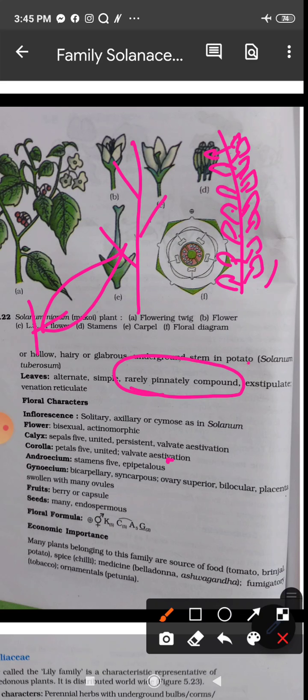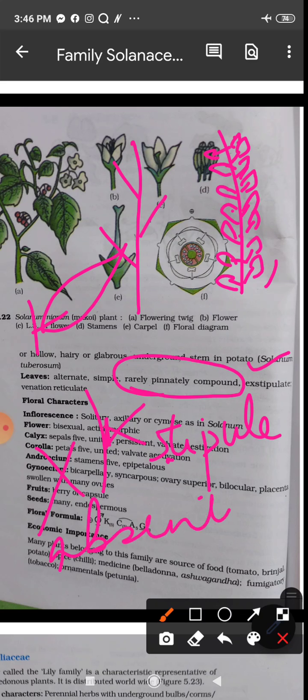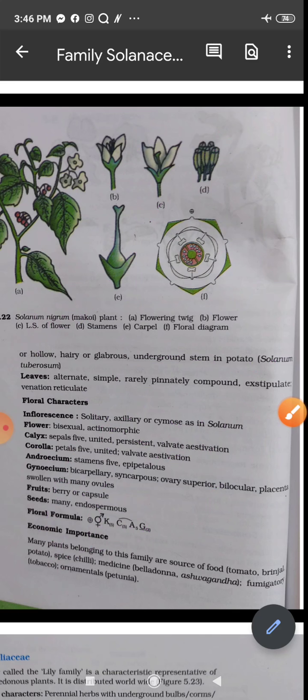Then it says here leaves are exstipulate. Exstipulate means a leaf may have a tiny thorn-like structure present, which is a stipule, right? That is a stipule. Now if this stipule is not present, if it is absent, right, then we say that the leaf is exstipulate. That means it does not have that stipule present. Then venation is reticulate.